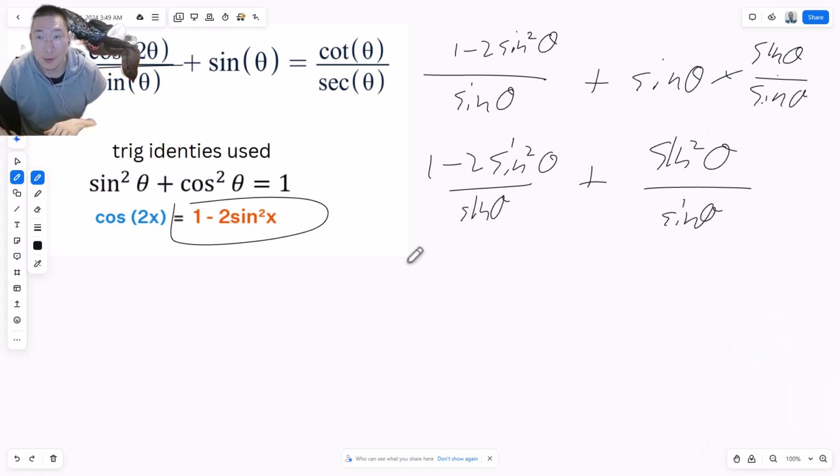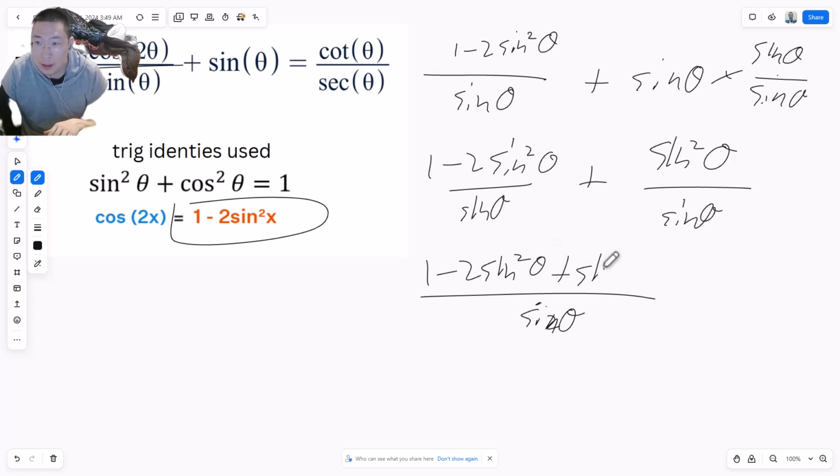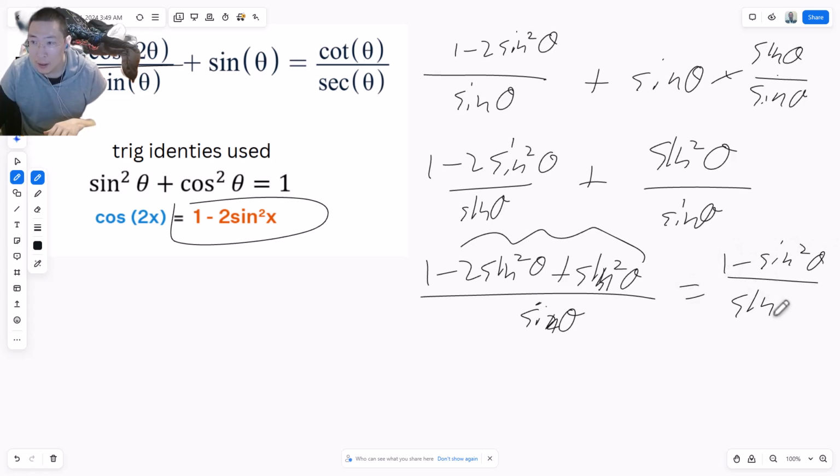Then we can combine the like terms. We have sine theta on the denominator, sine theta on the denominator, all over 1 minus 2 sine squared theta plus sine squared theta. We have these two like terms: minus 2 sine squared theta plus sine squared theta. That becomes minus 1 sine squared theta. So that becomes 1 minus sine squared theta all over sine theta.